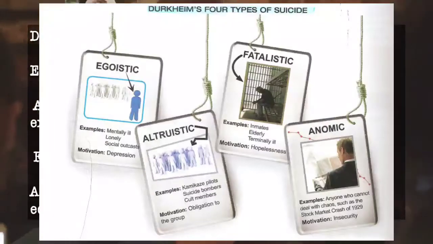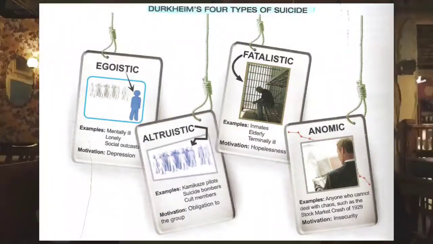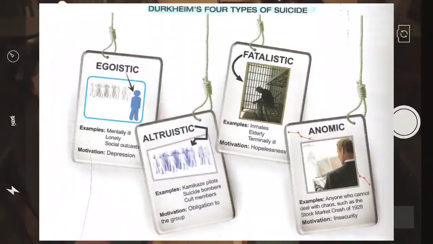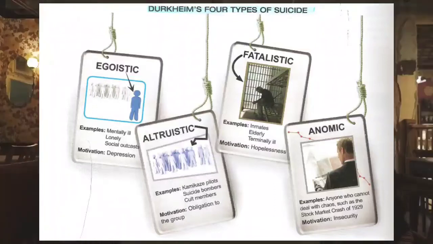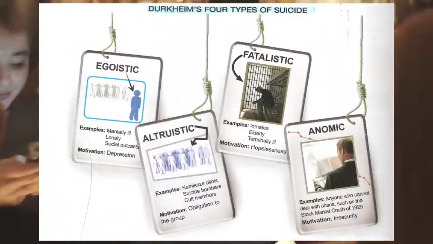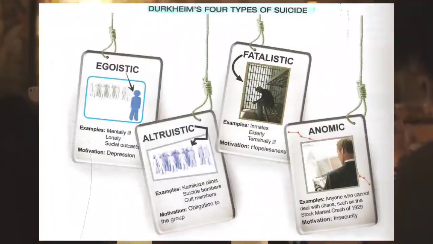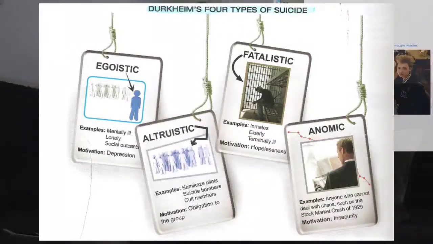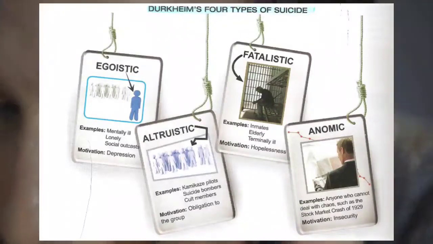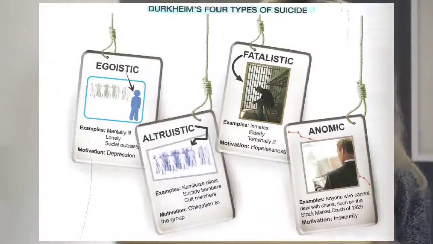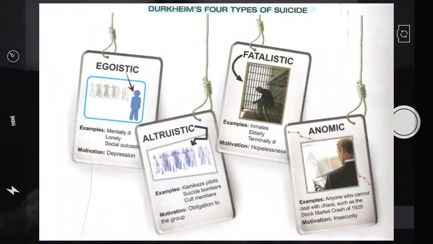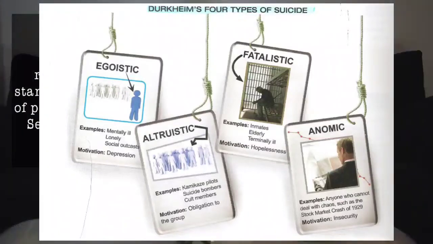These are some examples of the four types of suicide. First is egoistic, which are the mentally ill, lonely, social outcasts, or depressed. Next is altruistic, the best examples being kamikaze pilots, suicide bombers, and cult members, where the motivation for suicide is coming from the group or those obliged by a group.